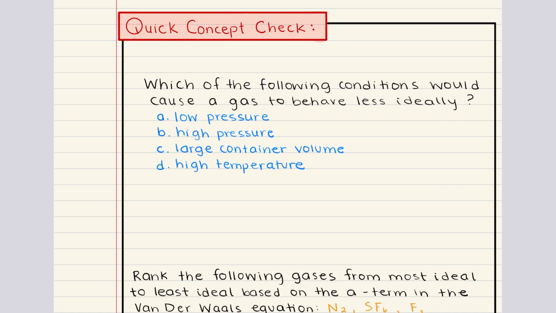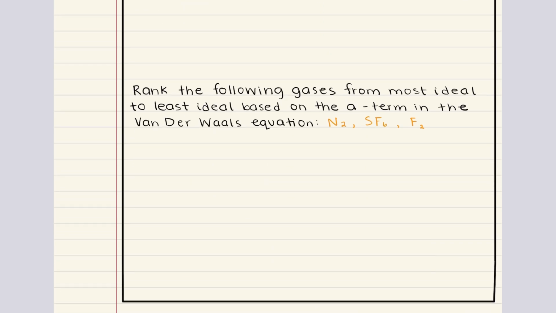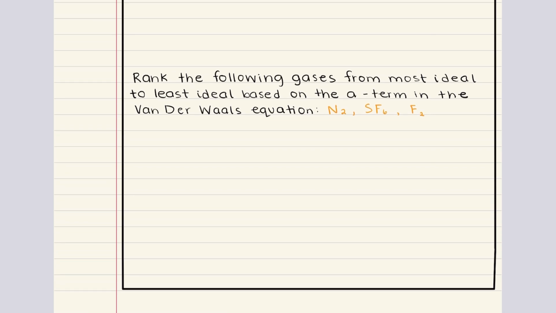Since we're asked which condition makes a gas behave less ideally, we want to select high pressure. Again, high pressures force molecules closer together, making molecular volume significant and causing interactions, and that causes gases to deviate from ideal behavior.